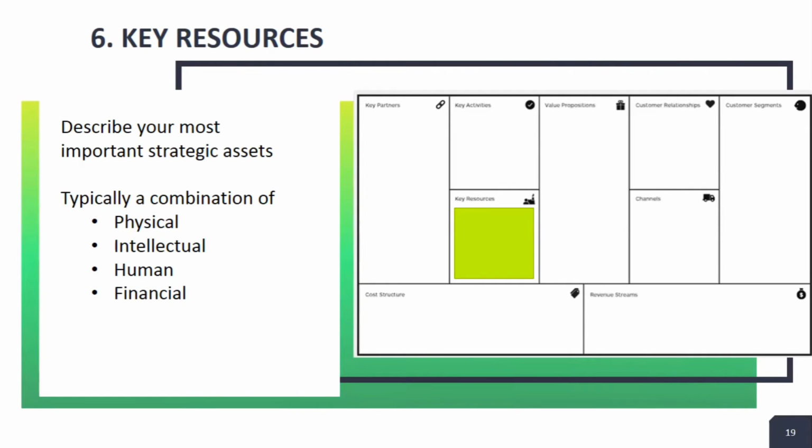There are several types of key resources and they are physical: equipment, inventory, buildings; intellectual: brand, patents, IP, copyright; human: employees; financial: cash, lines of credit, etc.